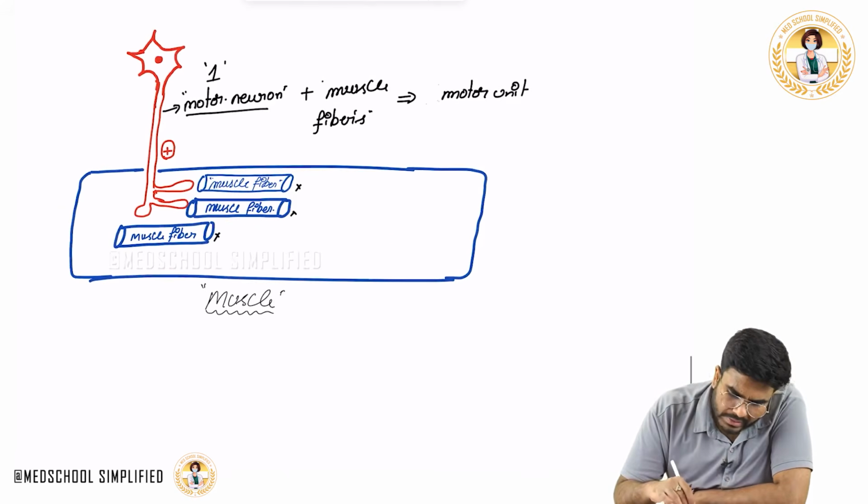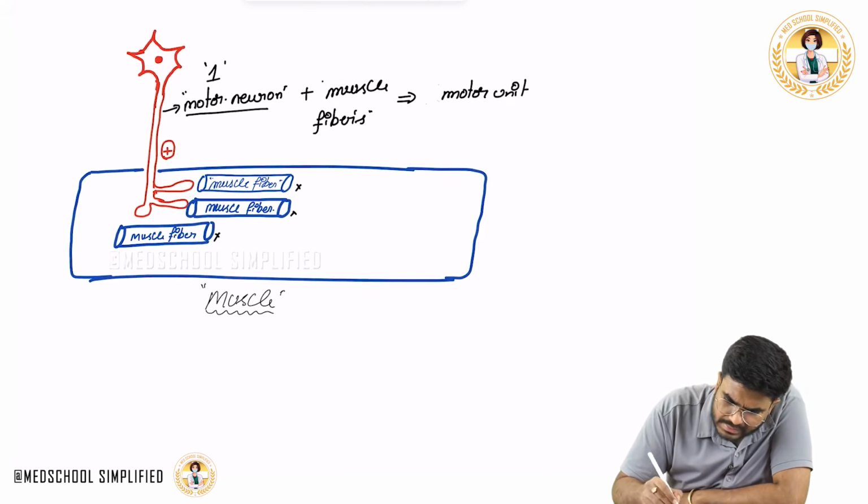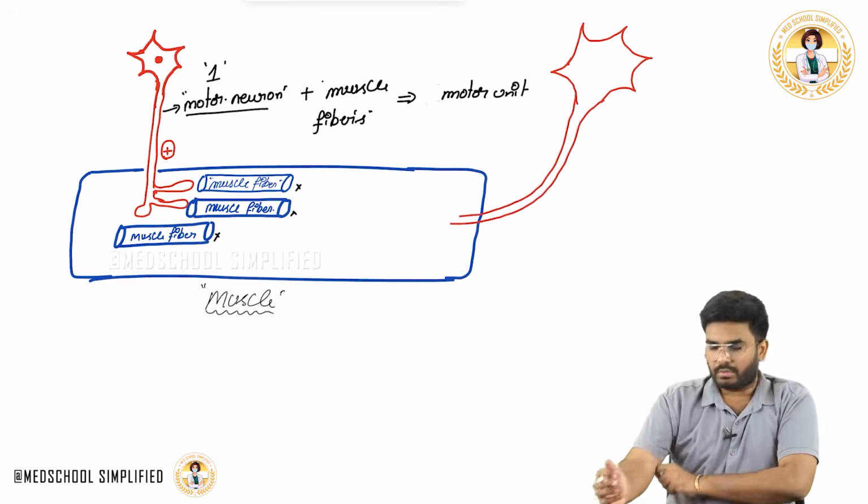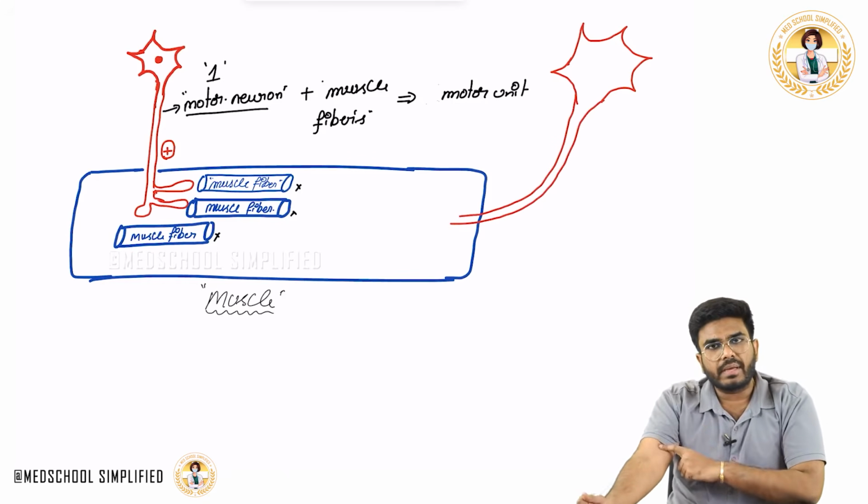So, for example, let's say here is one more motor neuron. For understanding purpose, I am showing you here. This is a different motor neuron. It's a little big in size. Now, this motor neuron is coming here. See, your muscle is innervated by a nerve.